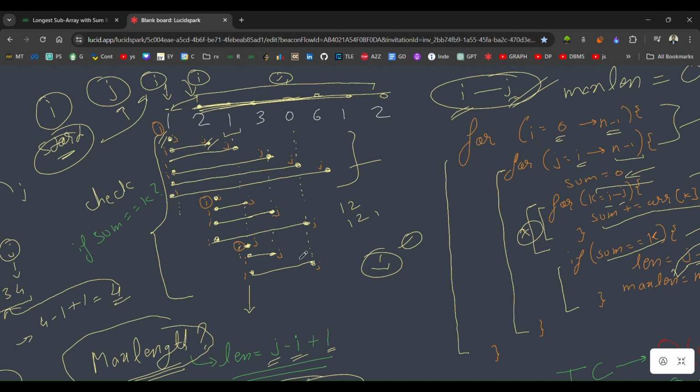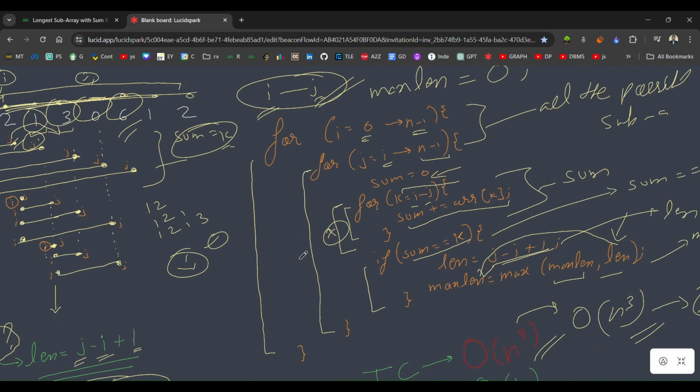And for the next iteration, it will become 1, 2, 1 and 3. So 3 got added. So do we have to iterate from i till j all the subarrays? I think no. As j moves forward, we will keep on adding the jth element, and after adding the jth element, we will have some check there itself if it is equal to k, right?